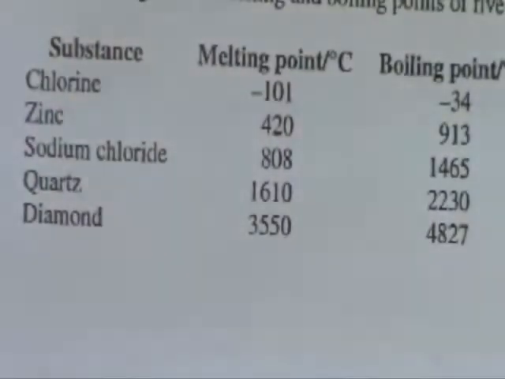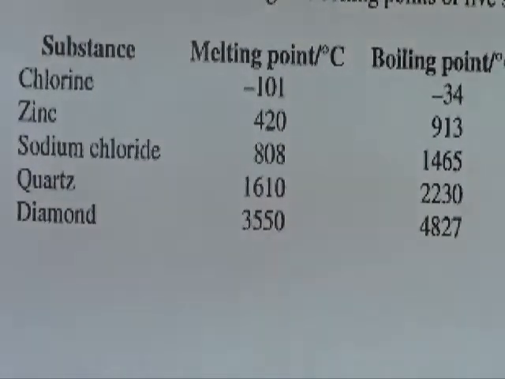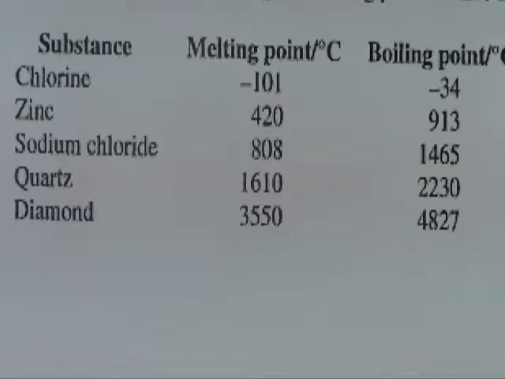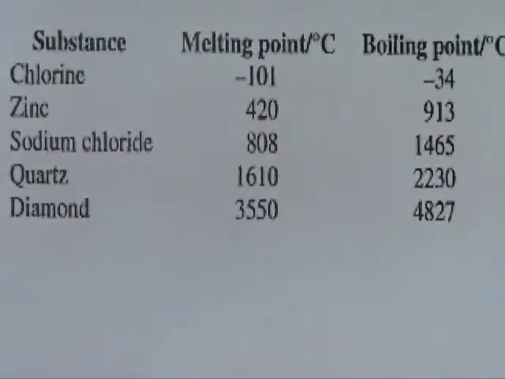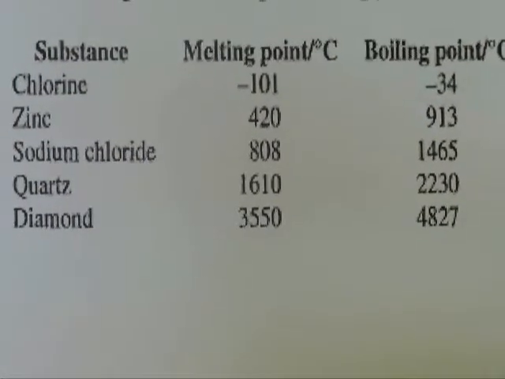Okay, right, the last one then, and again I'll let you have a look at it and take a few seconds, or a few minutes if you want, to make your mind up. All we've been given this time is melting and boiling points, so we will do structure and bonding again, so I'll leave that on there.